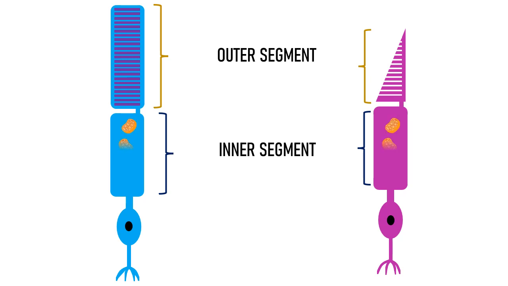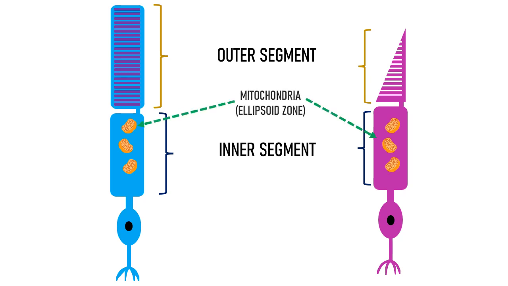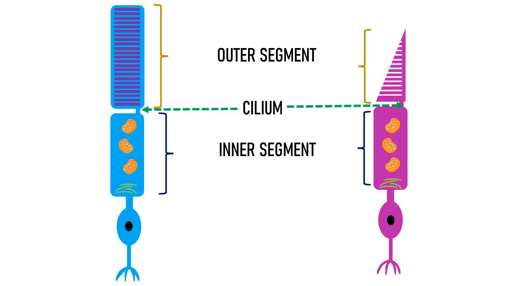The outer zone is packed with mitochondria and is known as the ellipsoid zone, while the inner zone contains smooth and rough endoplasmic reticulum and is known as the myoid zone. Cilium, as you can see, is this connecting stalk that joins the outer segment with the inner segment.